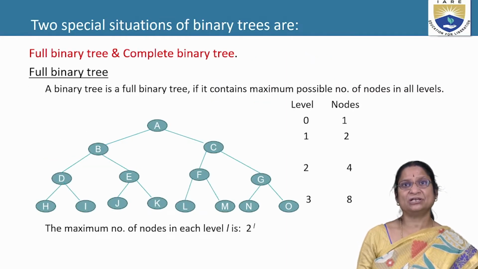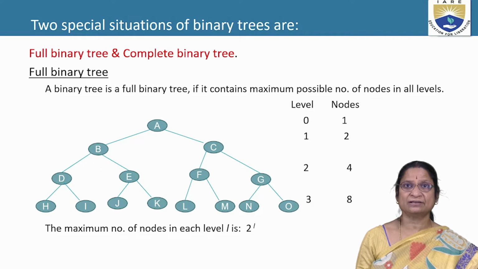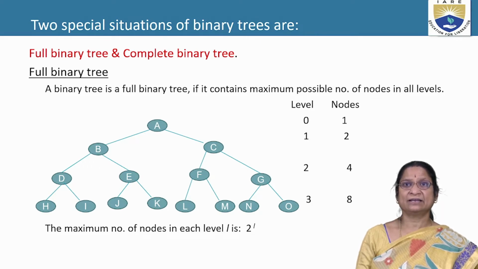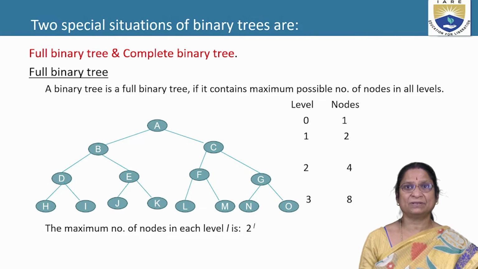Because the representation and processing of a tree is implementation-wise a little bit complex, if you are able to generate a binary tree from any given tree or a forest, then representation and processing will be easier. There are 2 special kinds of binary trees: full binary tree and complete binary tree. In a full binary tree, at all levels the maximum number of children will be there.